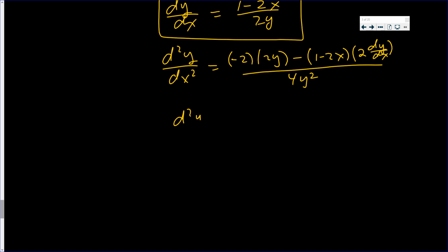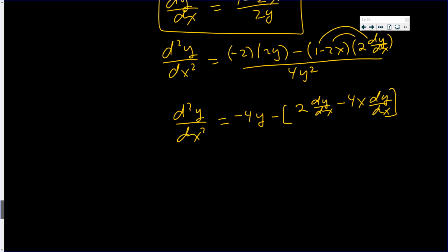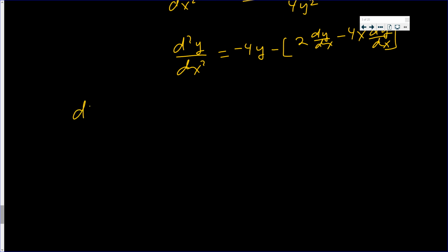We have that the second derivative with respect to x is negative 4y minus 2 dy dx's minus 4x dy dx. Well, okay. So the good thing here is only the left side has the second derivative, what they asked us to find.